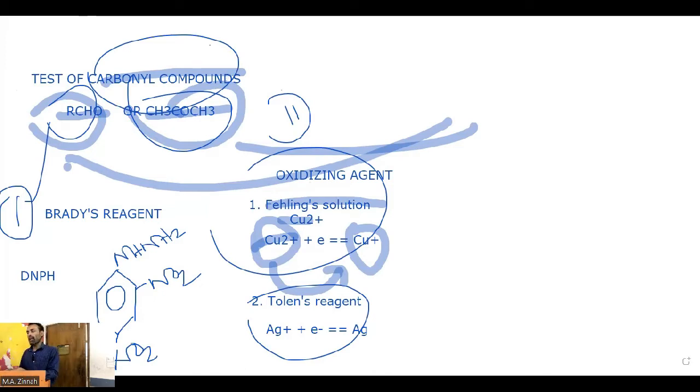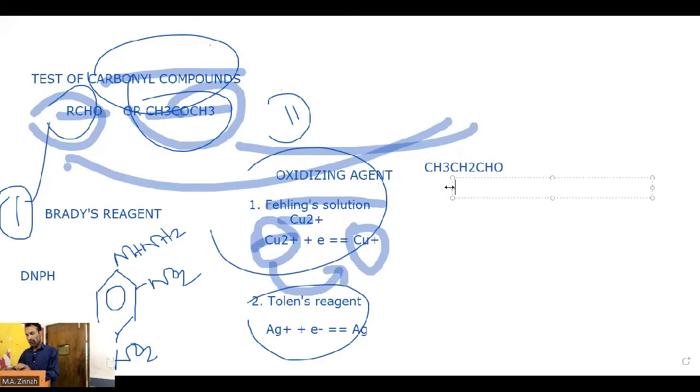Listen carefully. Which aldehyde is that? We have an option to identify the aldehyde. I write two aldehydes: CH3CH2CHO. This is propanal, right?